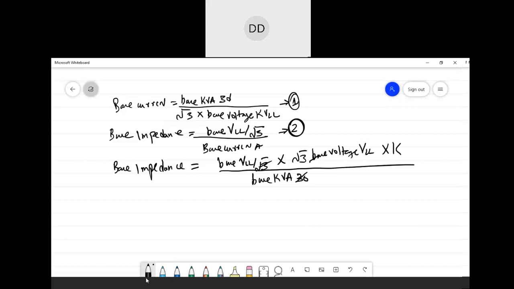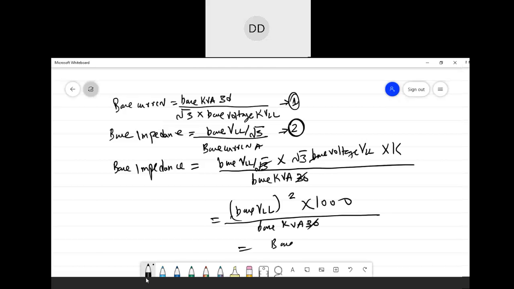So you are left with the same expression, base VLL, V line to line, whole square into 1000 divided by your base KVA three phase. If you multiply with 1000, it will become base KVLL whole square divided by base MVA three phase.